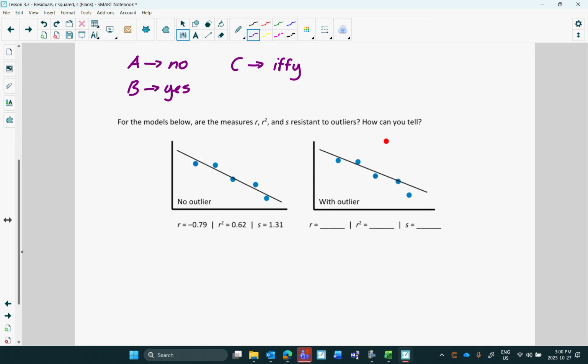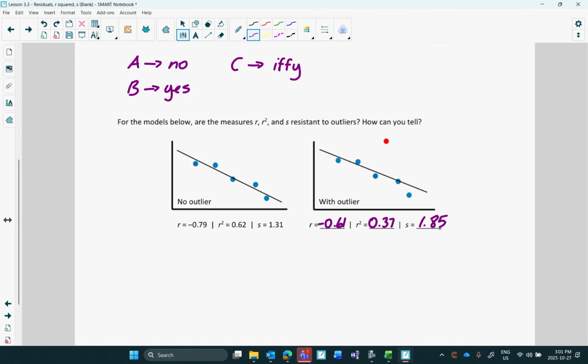But if we put that outlier in, all of a sudden, we're down to negative 0.61. Which means that R squared goes down to 0.37, drops significantly. And S, even though it may not look like a lot, it did increase quite significantly.